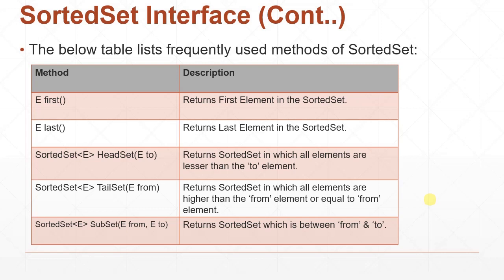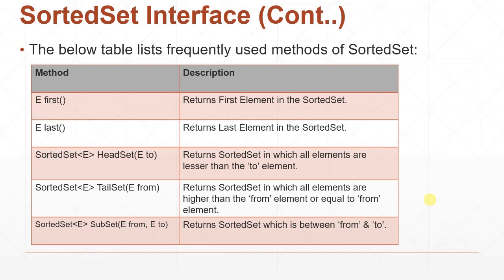So let us say that the set is arranged in natural sorting order. Then whatever the method returns, those elements are lesser than what you passed here as parameter.